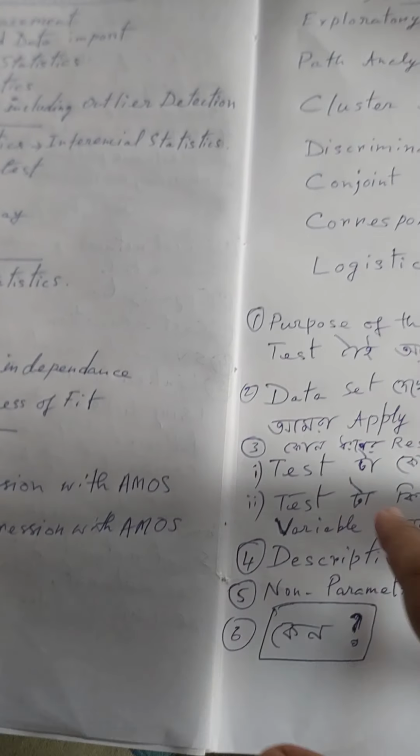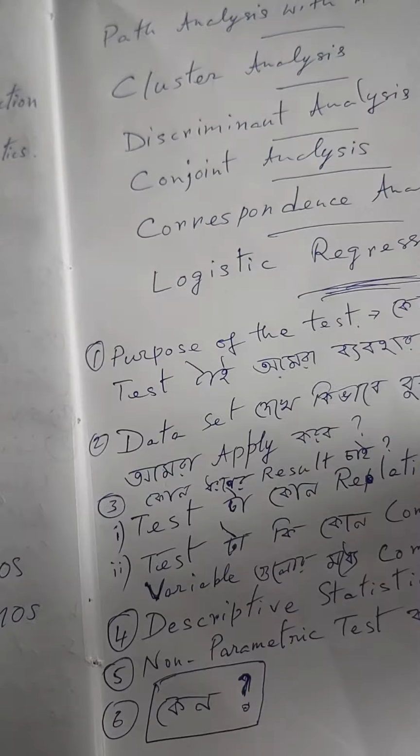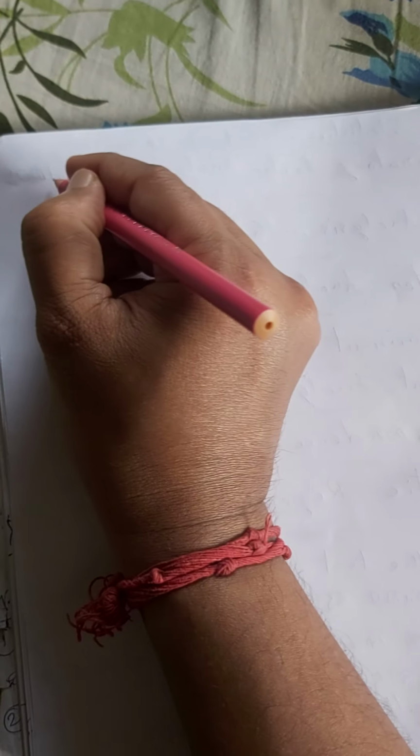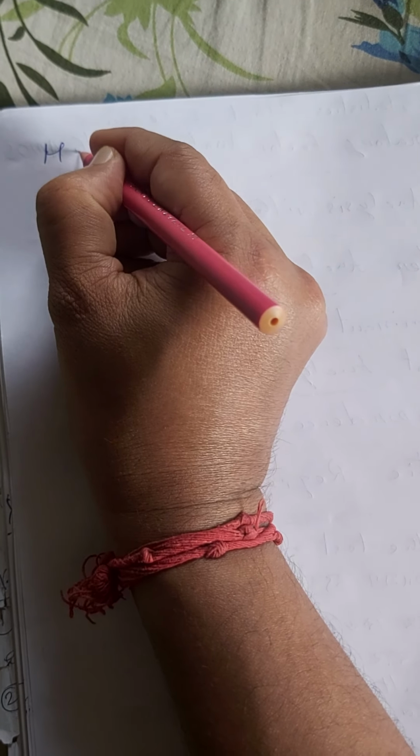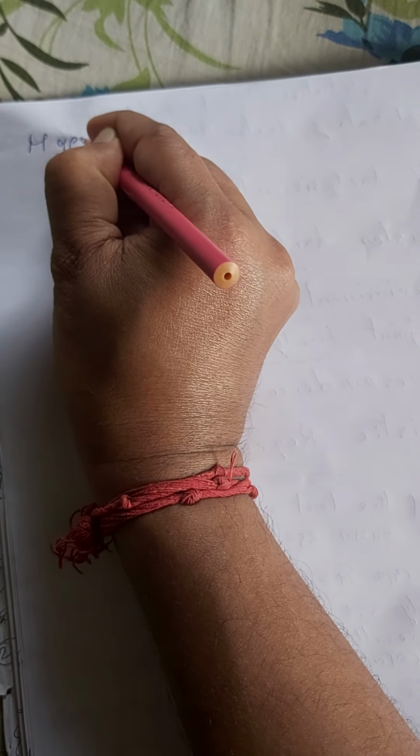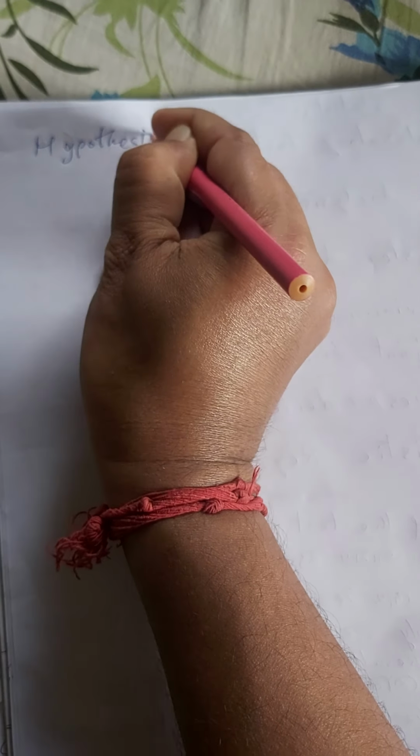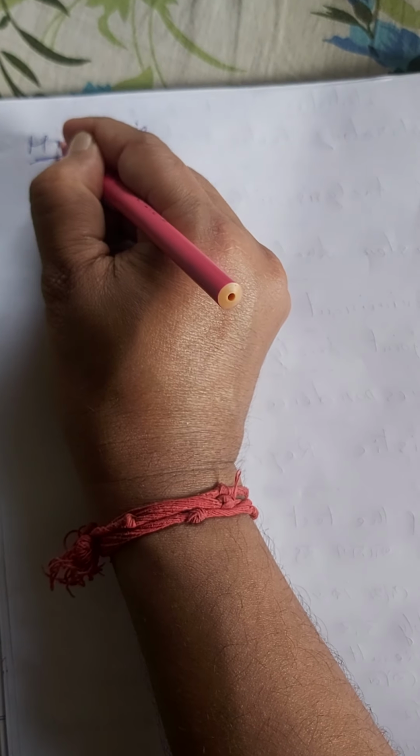What is the purpose? First thing we will need to learn is hypothesis. We do everything to get a result. Result of what? Result of the hypothesis. So we will learn hypothesis first.